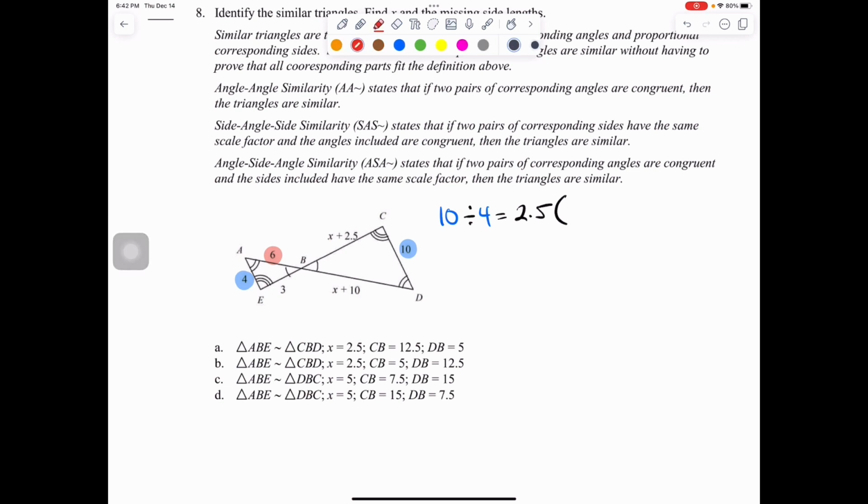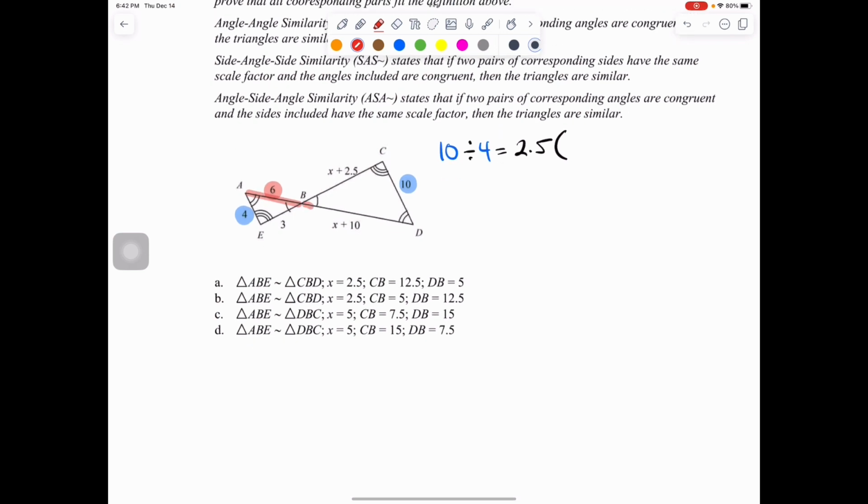Now, I also want to highlight this. Side AB, represented by that 6, corresponds with side BD, or side DB. So just know that when you multiply this 6, it goes with side DB and not side CB. We can also count the angle arches. Angle A has 2 arches, goes to B with 1.